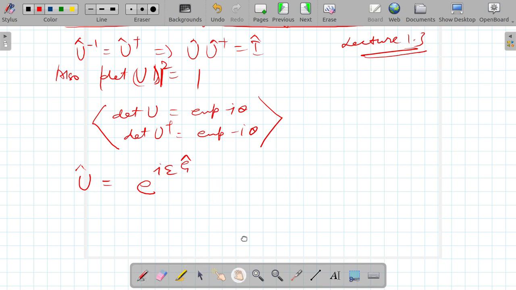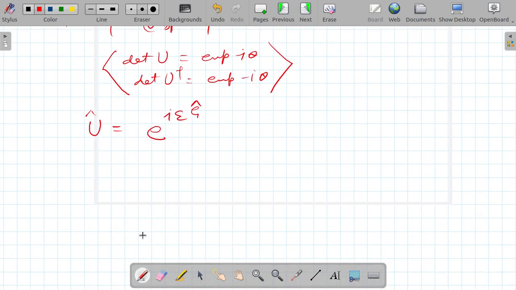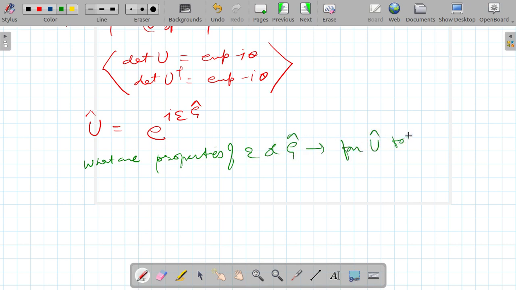Now we have to see what the properties of epsilon and G are for U to be unitary. Let us have a look at that. Since we know from earlier mathematics that the function of an operator f(A) has dagger equal to f star of A dagger.